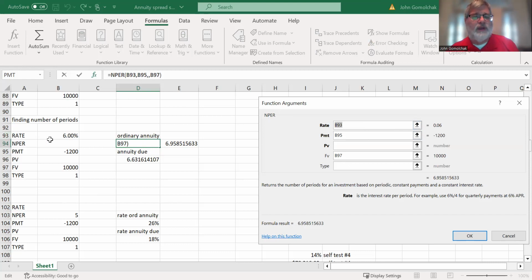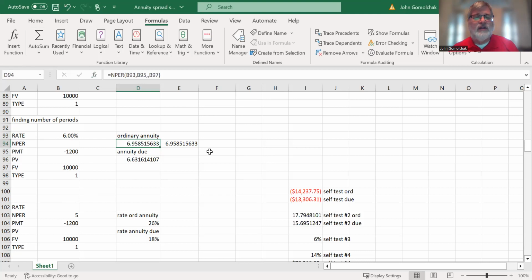So the rate is going to be B93, payment is B95, present value, we have nothing there, future value is B97, the type is 1. Going to be 6.95, something. The book says 6.96 periods, so basically 7 years that you would have to make these payments.